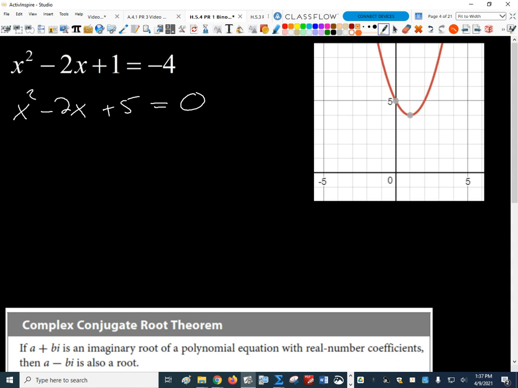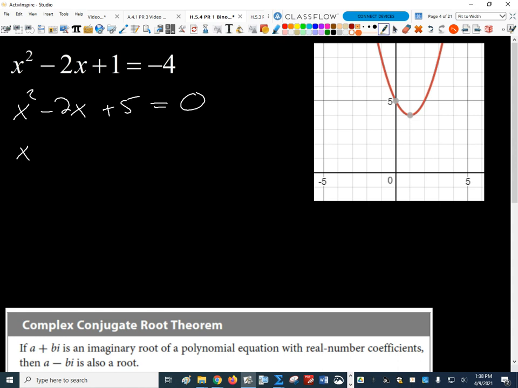We could complete the square, or we could use the quadratic formula. Let's do one completing the square. It's a good candidate for that. It's easy to do because a is equal to 1 and b is even. So completing the square is a piece of cake on these. This is how I would do it. I wouldn't even use the quadratic formula.